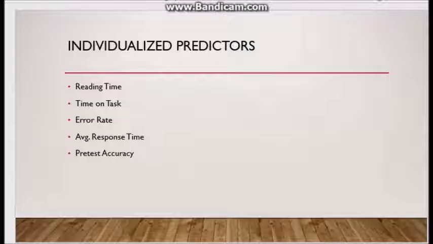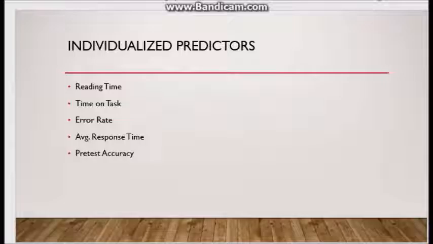So for instance, if their reading time was relatively high, then one might assume that the student isn't such a strong reader. And the idea of this is to say, if the student isn't such a strong reader, we could craft the module to better accommodate them, either through more visual or more audio outputs.